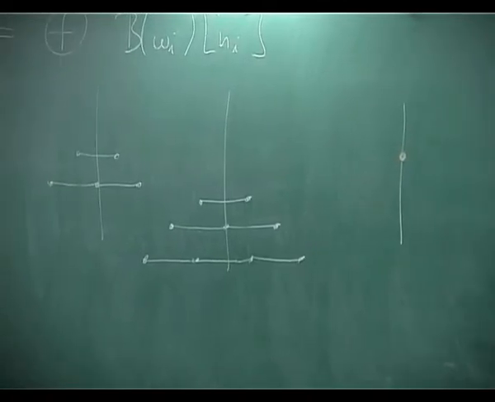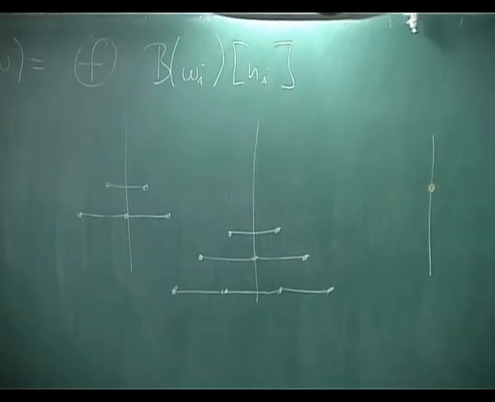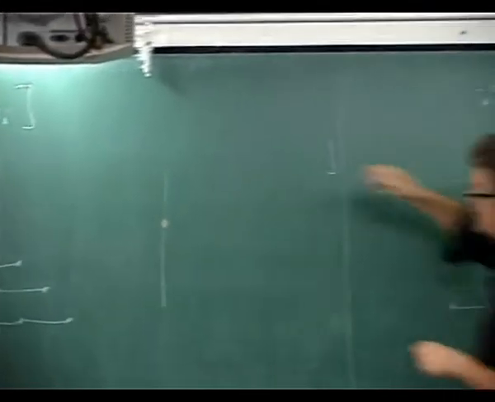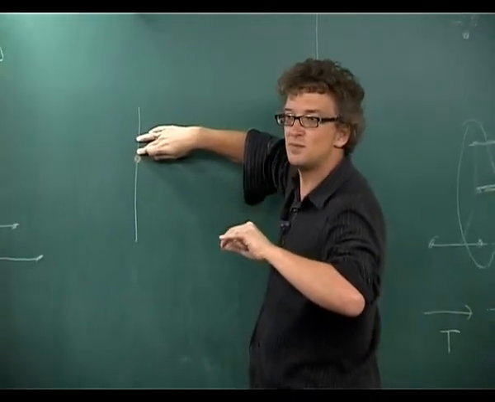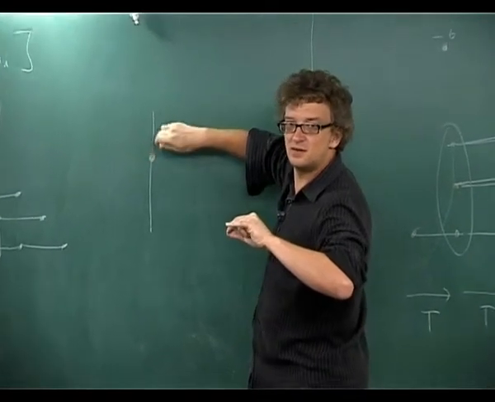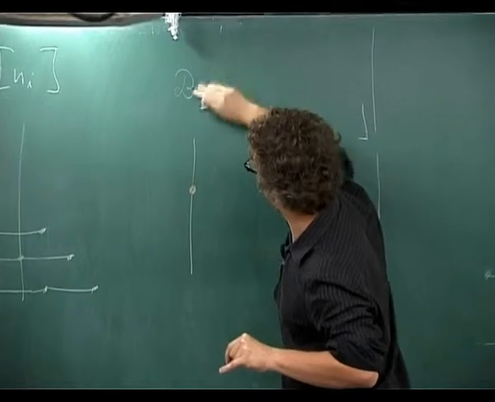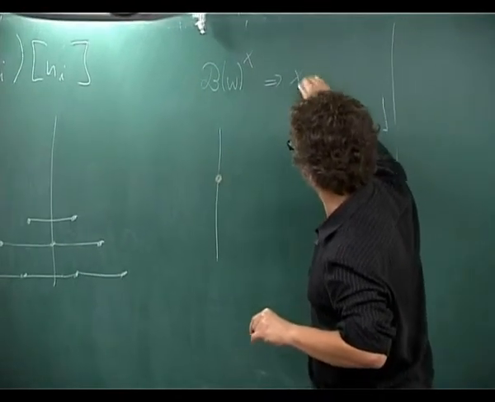It could be trivial in the bigger module. Right, that is exactly what I want to say. This occurs only if x equals w. So if this corresponds to a stalk of BWx, then this implies x equals w.